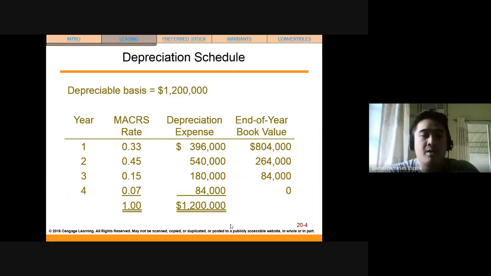So using the MACRS rate, in year one you have 0.33. So 1,200,000 times 0.33, you have 396,000. For the second year, 0.45 times 1,200,000, you have 540,000.